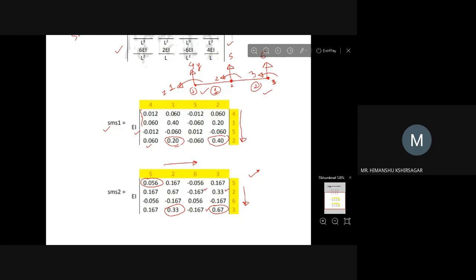I am repeating each step here because it is the first problem and I will tell you each step properly, so that when we go to the next problem, the steps remain the same and only the values change. That is why I will require more time to complete the first problem. So up to this, is there any doubt?